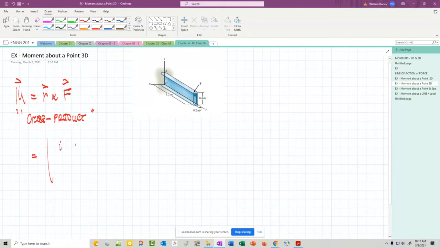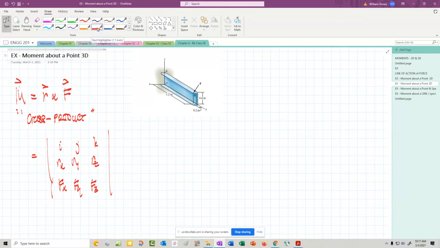And we write that out as I, J, K, Rx, Ry, Rz, Fx, Fy, Fz. So a 3 by 3 determinant, matrices, however you want to call it.